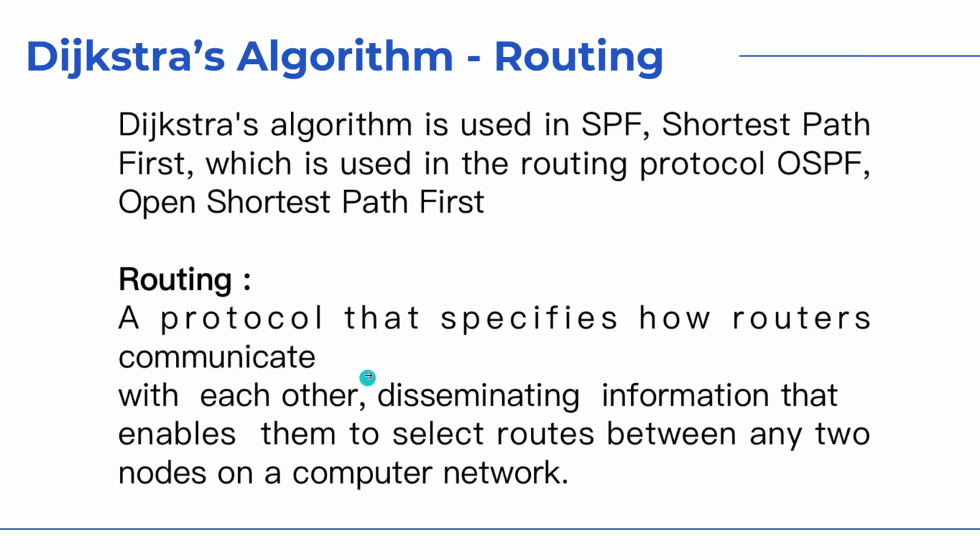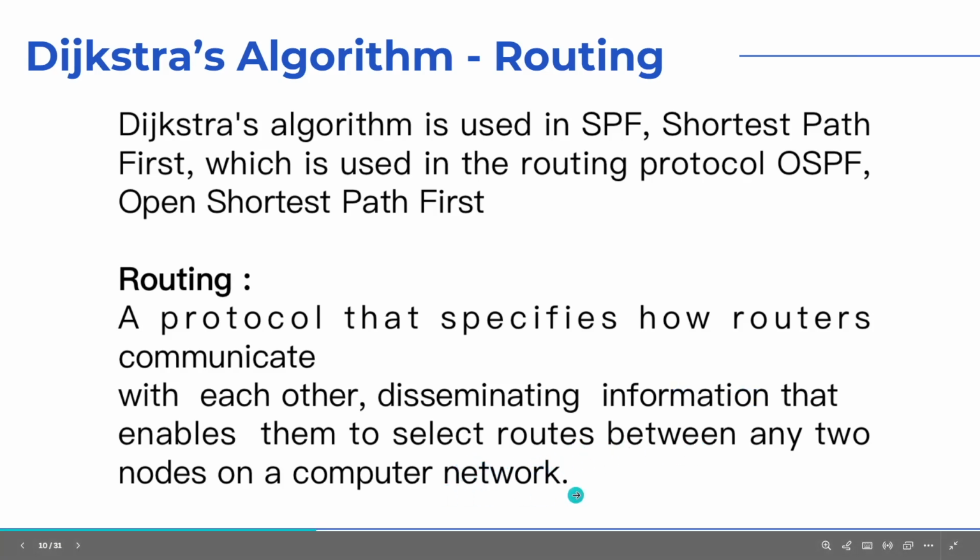This protocol specifies how routers communicate with each other, and it disseminates information to its neighbors that helps packets select the routes to nodes in a computer network. So this algorithm is part of this widely used routing protocol.